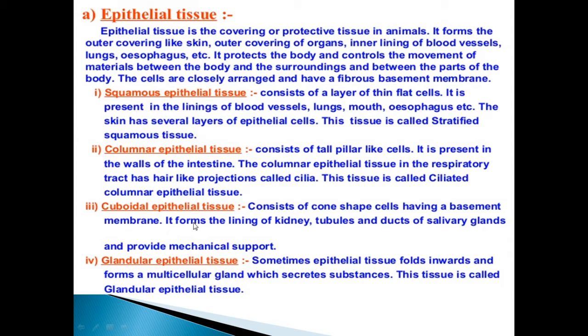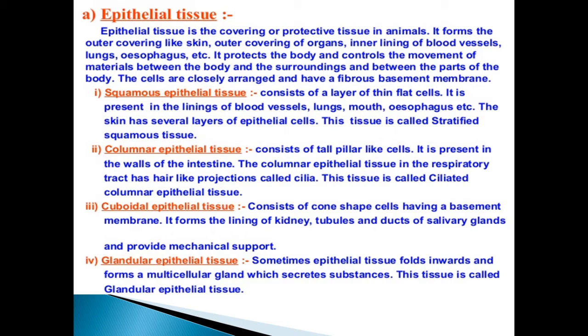Next, cuboidal epithelial tissue. It consists of cube-shaped cells having a basement membrane. It forms a lining of kidney tubules and ducts of salivary glands and provides mechanical support. Next, glandular epithelial tissue. Sometimes epithelial tissue folds inwards and forms a multicellular gland which secretes substances.